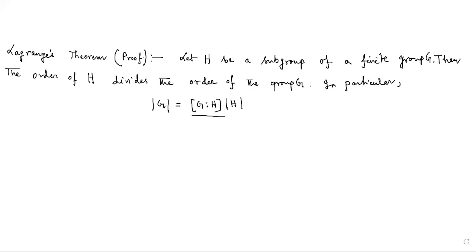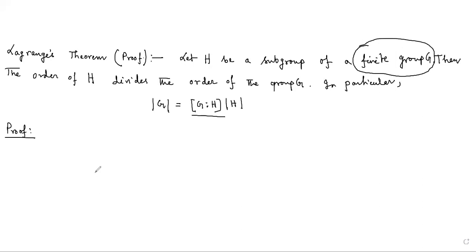Now I'm going to discuss the proof. To begin with, as it is mentioned, the group must be a finite group capital G. So remember that Lagrange's theorem is only applicable to finite groups.